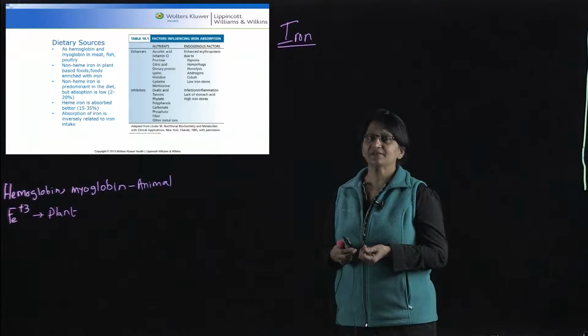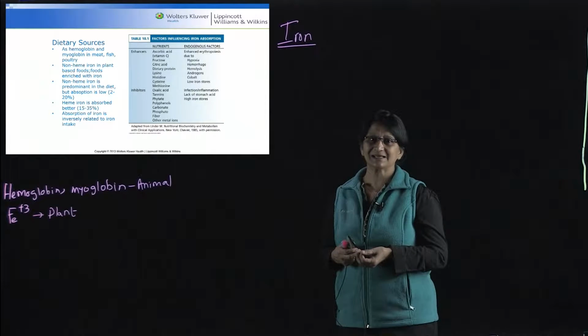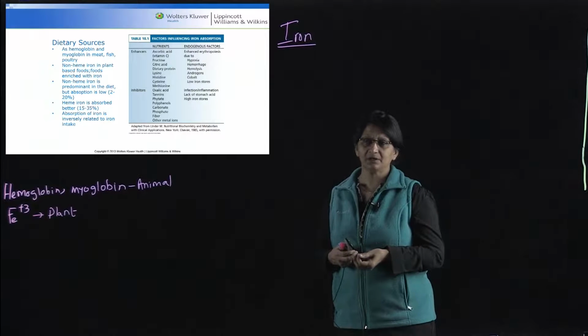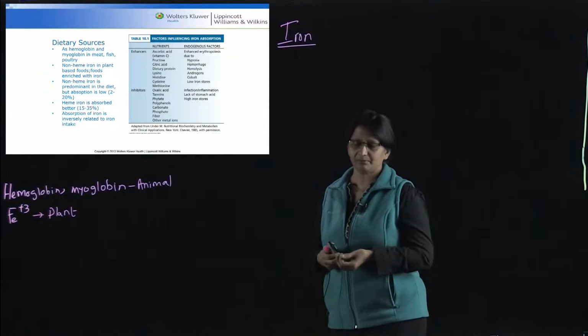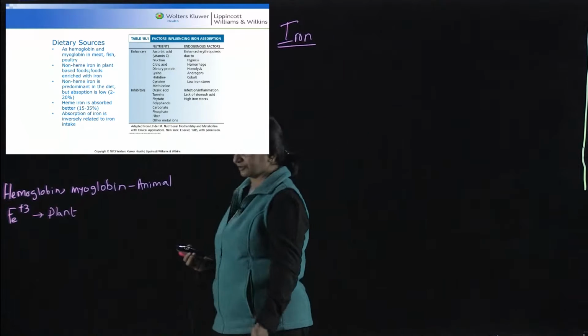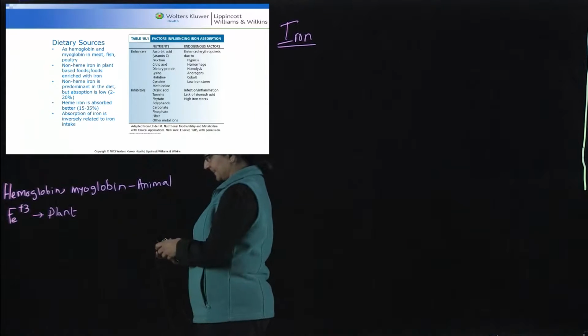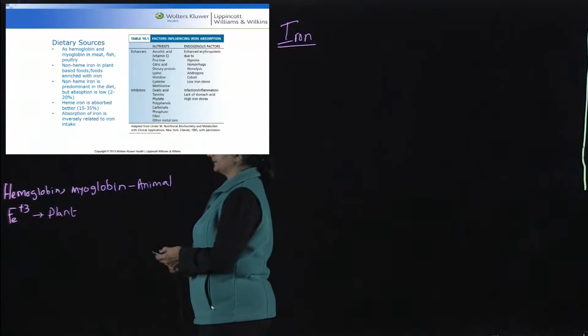So the presence of HCl is required to keep iron in the right oxidized form in order for it to be absorbed in the duodenum. So from that point of view, not having enough hydrochloric acid is also an issue with regard to the absorption of iron.